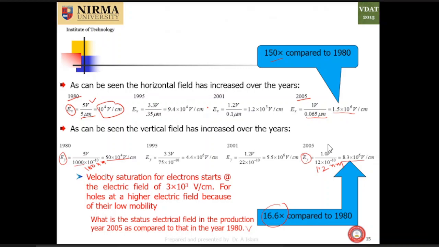In 95, it is this much. And if you look at 2005, it is this much, because the supply voltage has become 1 volt. It has been reduced from 5 volt to 1 volt, and the oxide thickness has become 0.065 micrometer, that is 65 nanometer.